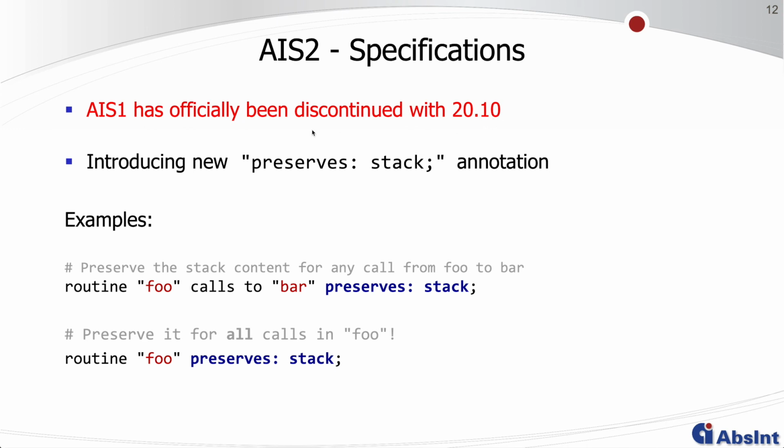If you still have aiT1 annotations in your projects, please convert them to the more efficient and modern aiT2 specifications. Of course, we also do offer some services to help you with that conversion activities.